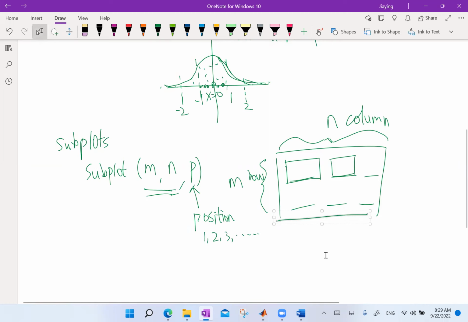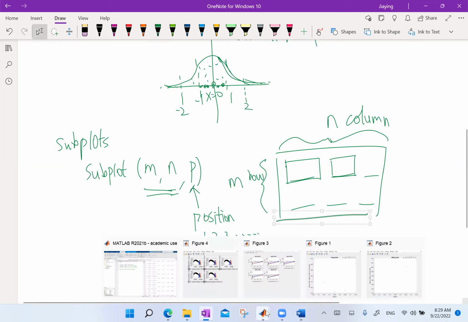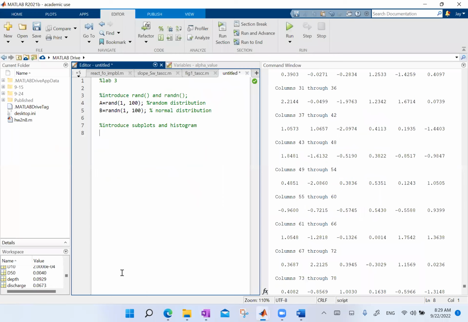So that's a subplot. And I'm going to quickly use the example I have. For example, I have A and B, and I'm going to plot them. Because I'm going to plot 2 figures, A as a figure, B as a figure, but together in the same figure window.